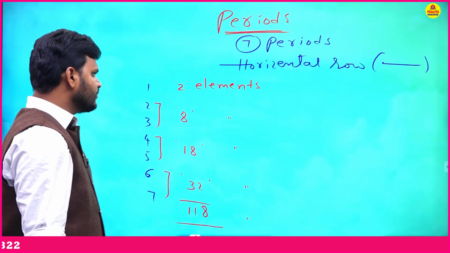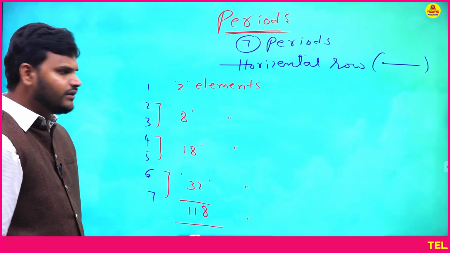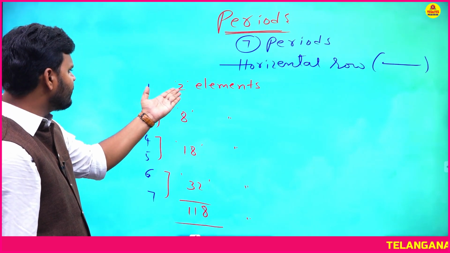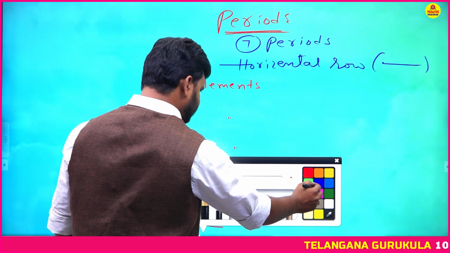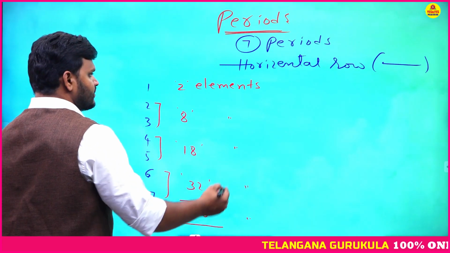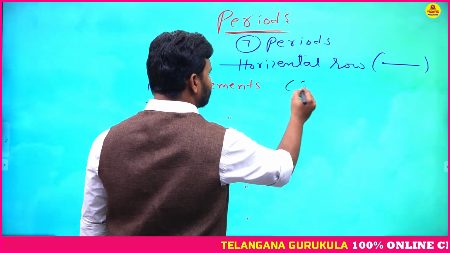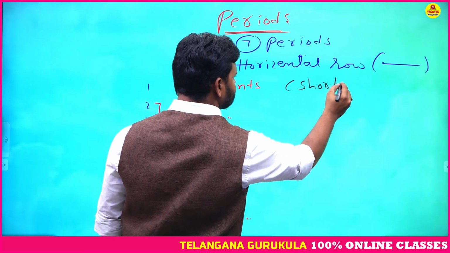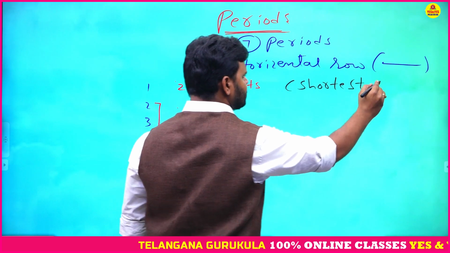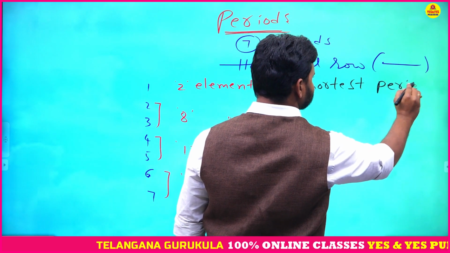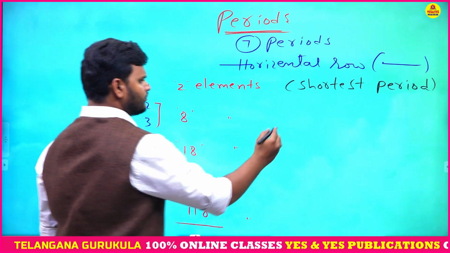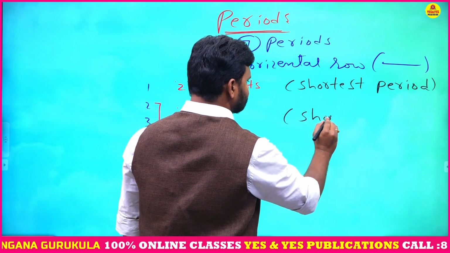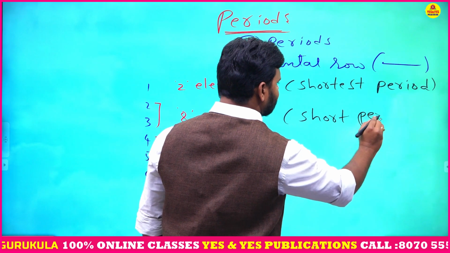So which is the shortest period? This is the shortest period. Why? Because it has only 2 elements, isn't it? Just have a look. So the first period is the shortest period. Next, what about the second and third?